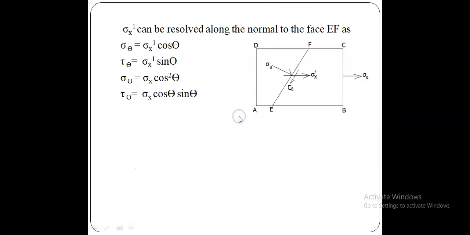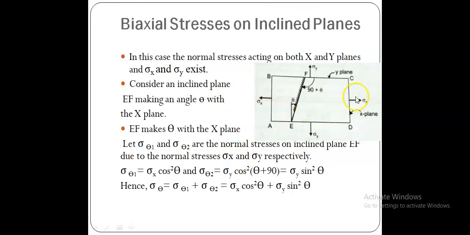In the next case, sigma x and sigma y, two normal stresses, acted on two perpendicular planes DC and BC, and we found the stresses sigma theta and tau theta on the inclined plane EF.